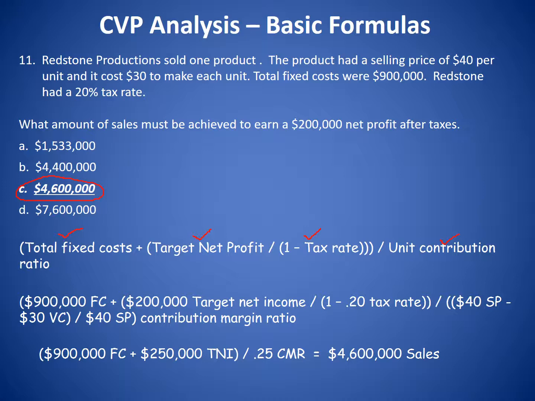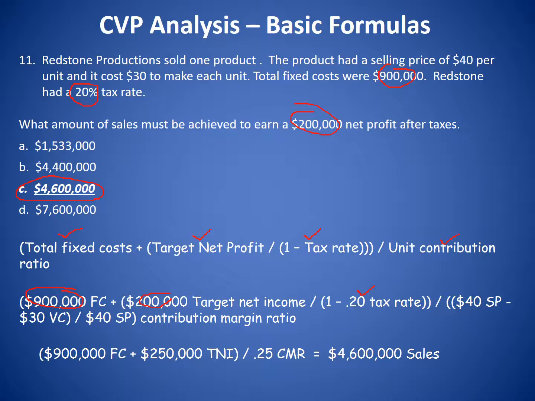Now, if we substitute the amounts into the formula, we have fixed cost of $900,000. We have a target net income of $200,000, and we have to adjust that for the tax rate. So it's going to be 1 minus the tax rate. The tax rate is 20%. So 1 minus the tax rate, 20 basically, and we divide that into target net income.